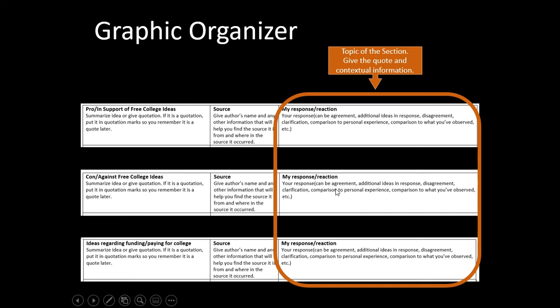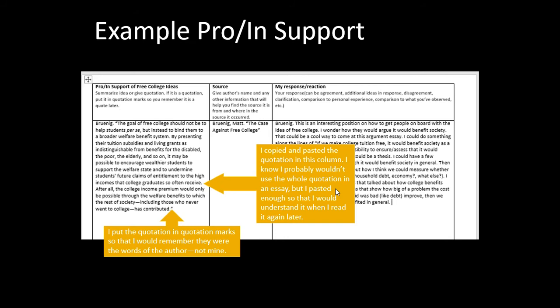So it can be like if you agree with the quote or idea, if you got new ideas based on what you read, if you disagree, if you felt like you need to clarify what they're saying, or if you read something and it reminded you of your own personal experience or something that you've observed, you can note that down. I also ended up, when I was filling one out, recording ideas that it gave me for my own essay, and I didn't want to forget those, so I wrote those down there as well.